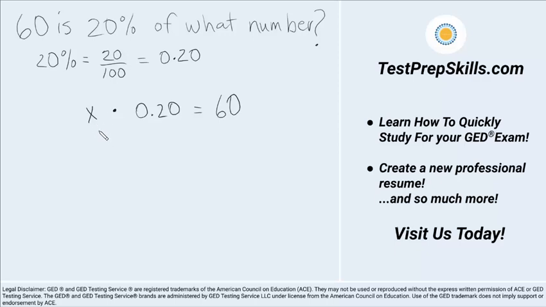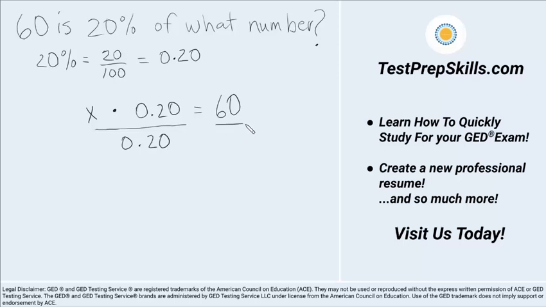I have my x on my left-hand side. I like that. It's where I want it to be, so I can leave the x there. But I have a number term multiplied by it. I don't want that there, right? I'm going to need to do the opposite thing. So if we have multiplication, I need to divide by the same number. So in this case, 0.20.